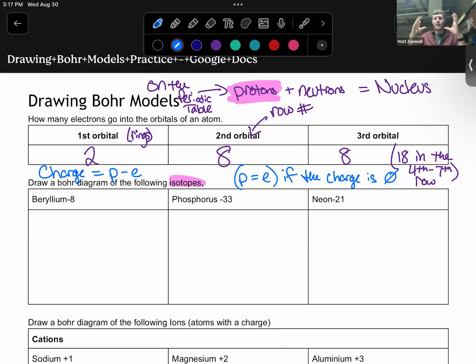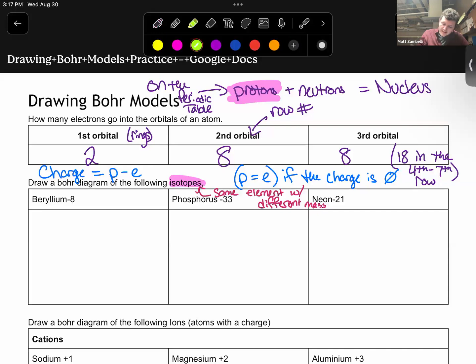And that's a little bit smaller of an amount, which is why we don't see a lot of it. Right? Isotopes mean same element with different mass.